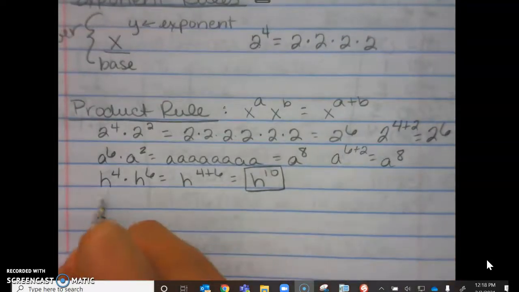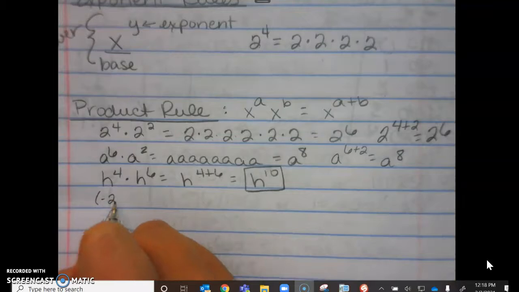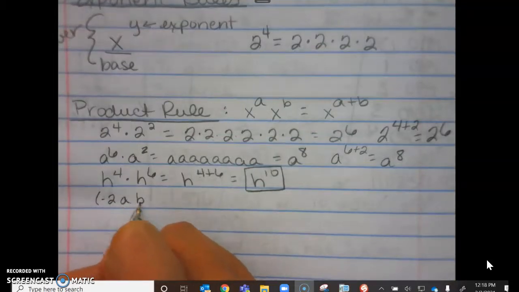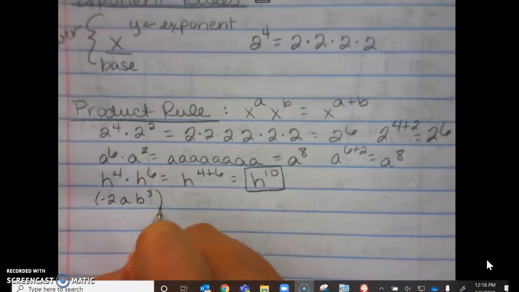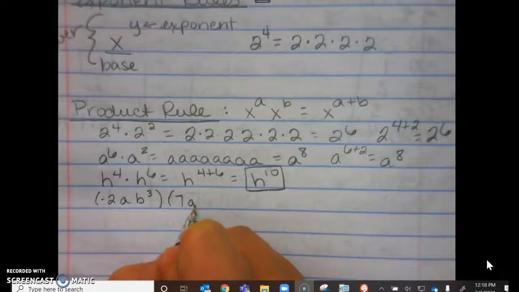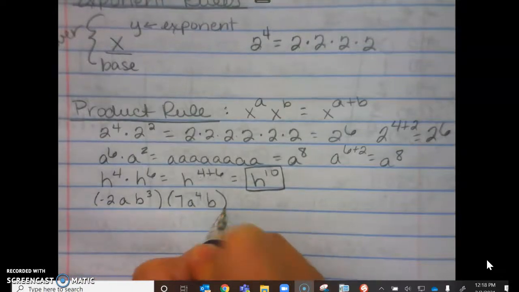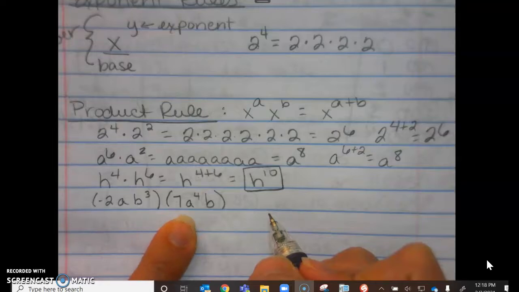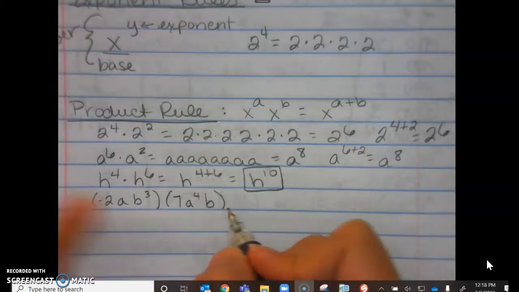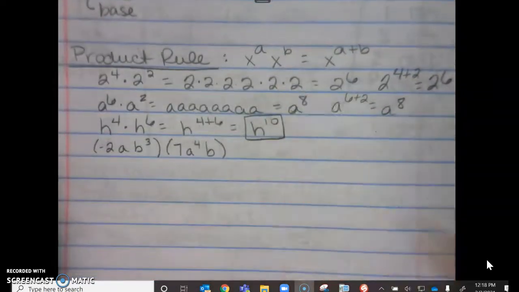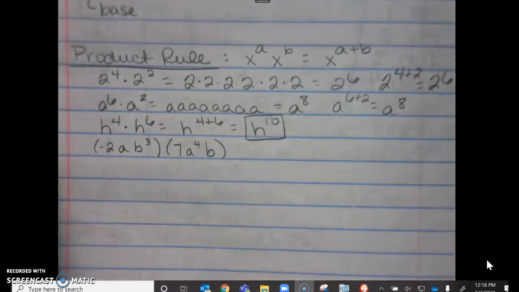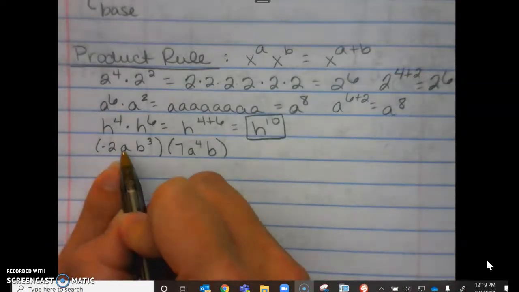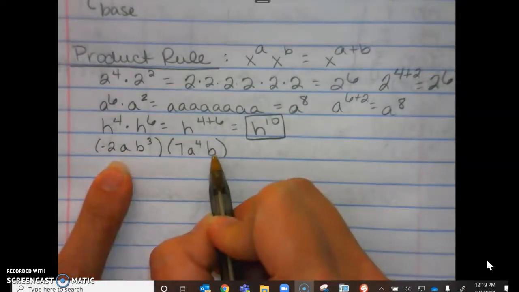We can also do this with coefficients. Now with coefficients, I'm going to strongly suggest that you write everything out. Don't try to do it in your head, which some of you do. So I have negative 2 a b to the 3rd times 7 a to the 4th b. The first thing I want you to notice is that the a in the first parentheses has no exponent, and the b in the second one has no exponent.